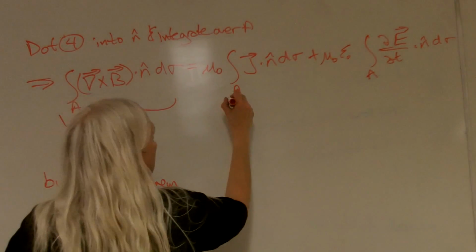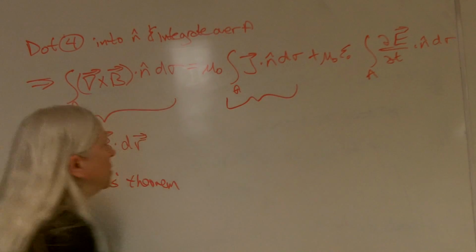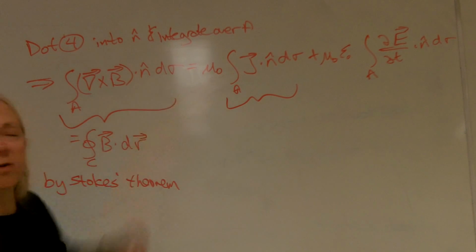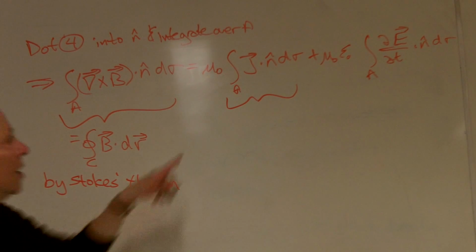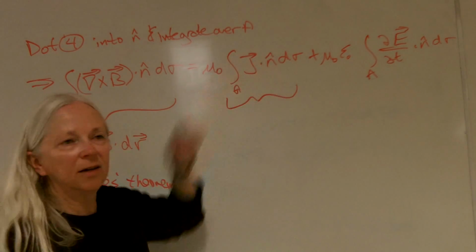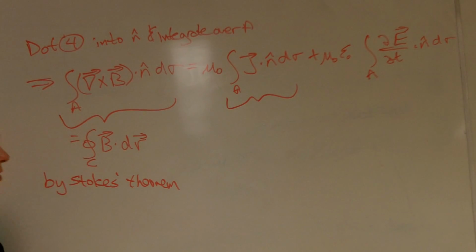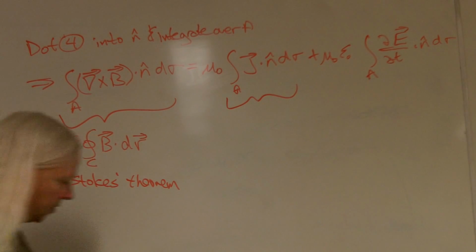On the right-hand side, this integral right here, ignoring the mu naught out in front, well, that looks like a current, right? We were just talking earlier about the fact that the way you go from a current density to a current, you dot it into a unit normal vector to the surface and you integrate over that surface.